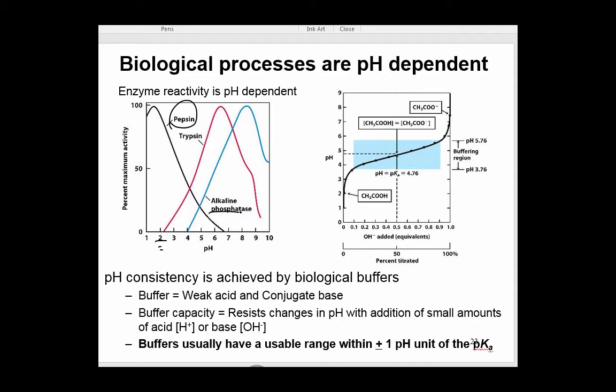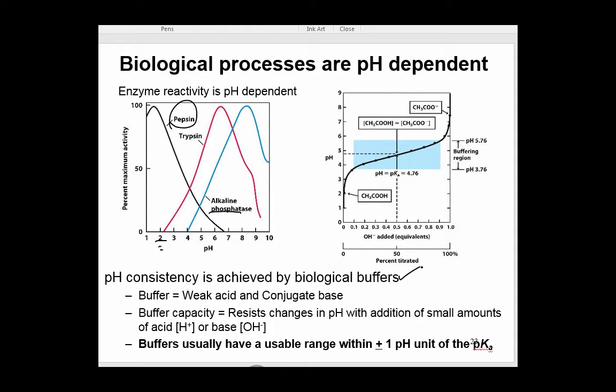We also have alkaline phosphatase, which is extremely active at alkaline or basic pHs, so it's extremely important to understand pH dependency and how biological activity changes with pH.